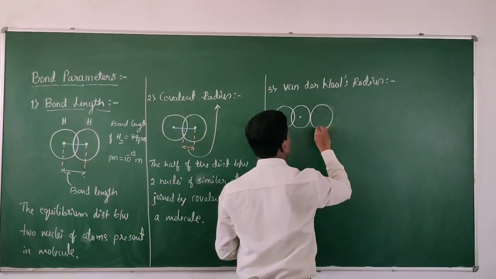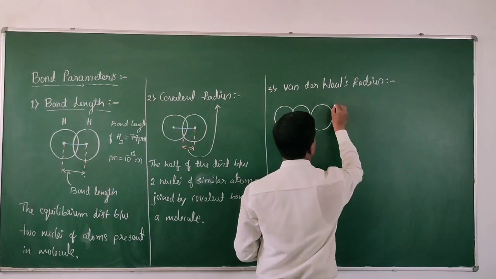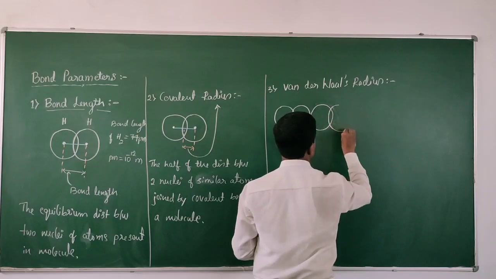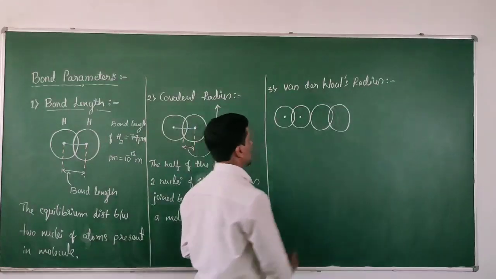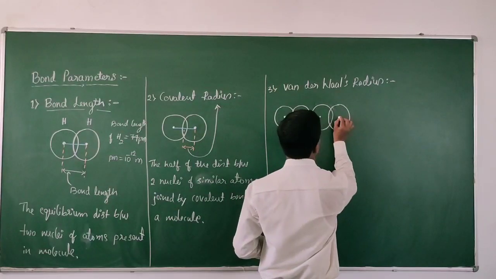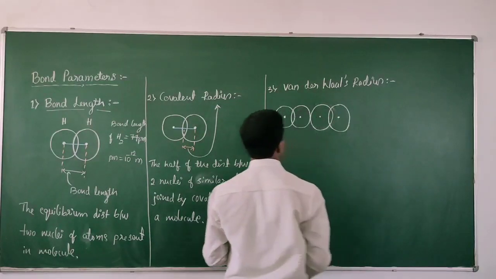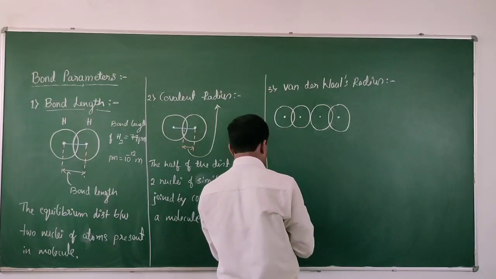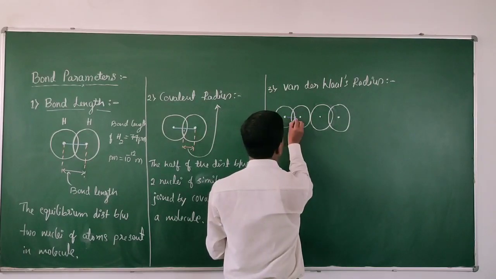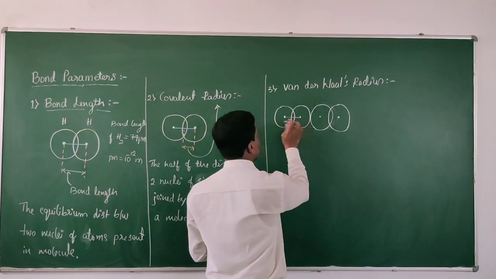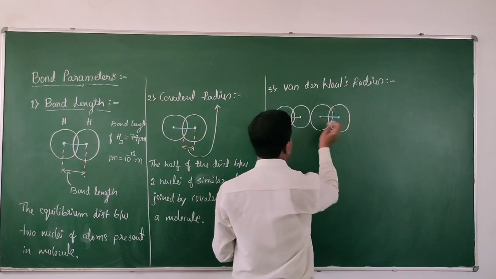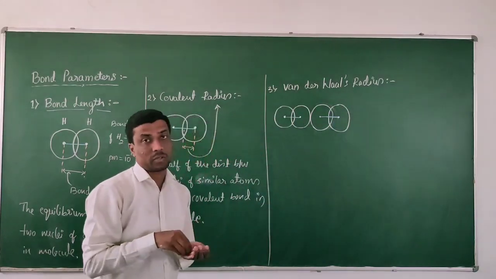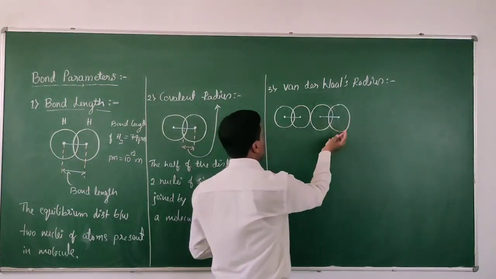What does this atom do? Bond formation with this. Okay, these all are similar atoms. Now consider, what is this one? Bond length of this molecule. These all are the same atoms.